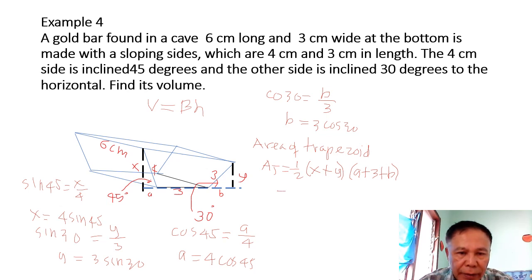Or your area of trapezoid equals 1/2 times 4 sine 45 plus 3 sine 30, times the height or length, equals 4 cosine 45 plus 3 plus 3 cosine 30.